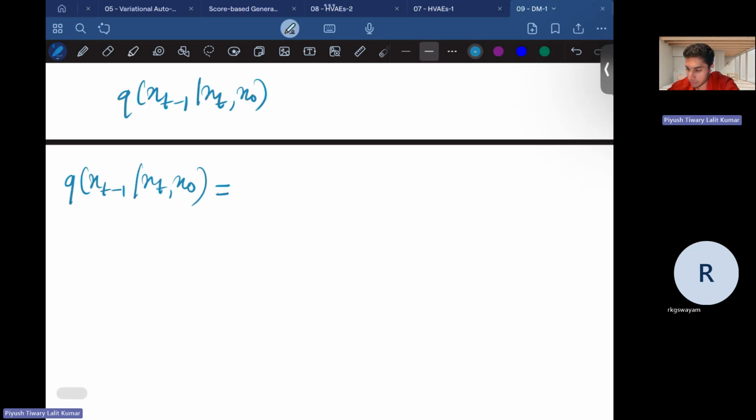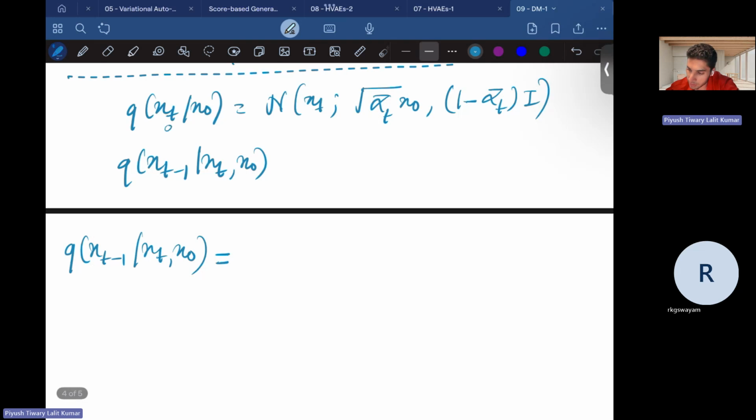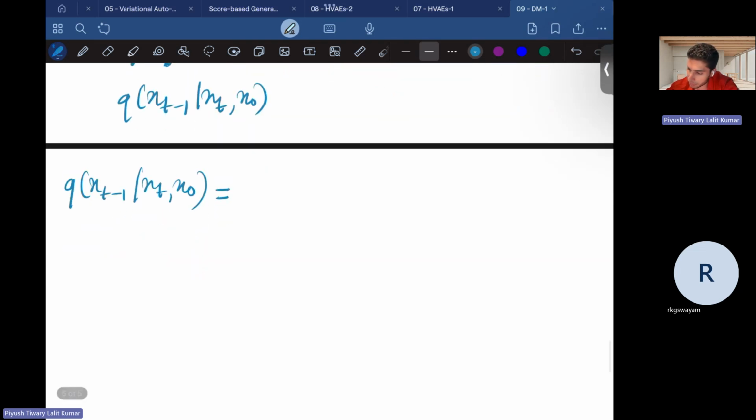So to do this, we'll again resort to Bayes rule. That's our go-to method, the only thing we know basically. We know all the distributions where t is greater than the argument here.